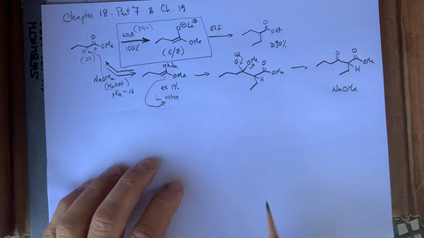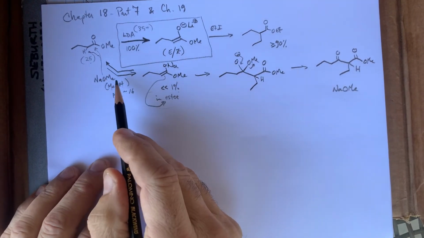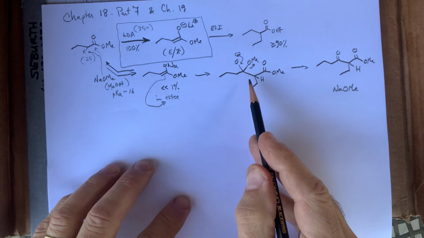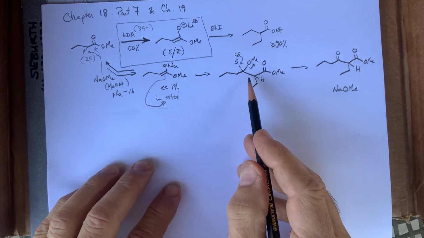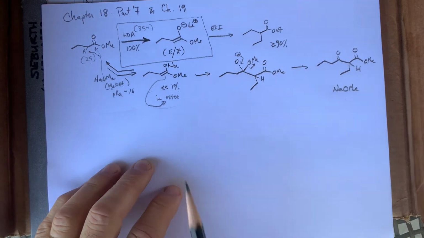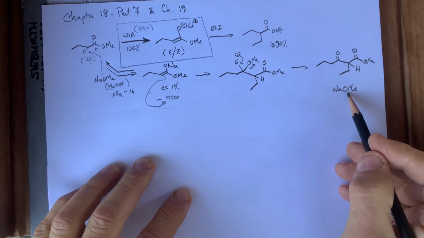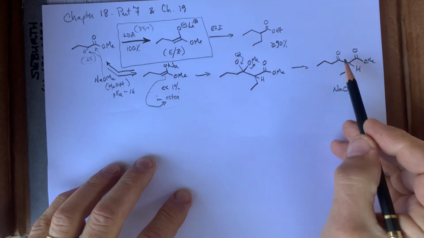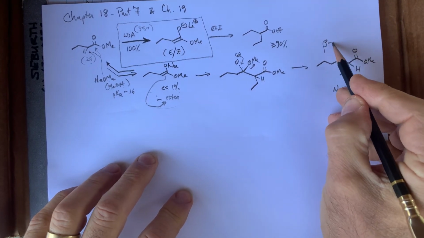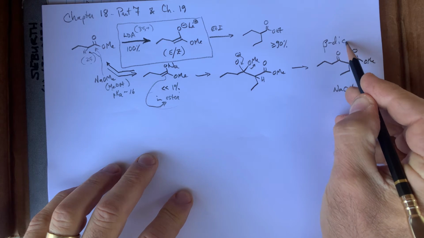So we've gone in with sodium methoxide. We get it back as soon as this acylation. It's not an alkylation, it's an acylation of the enolate. So we get this back. But now we have a beta dicarbonyl.